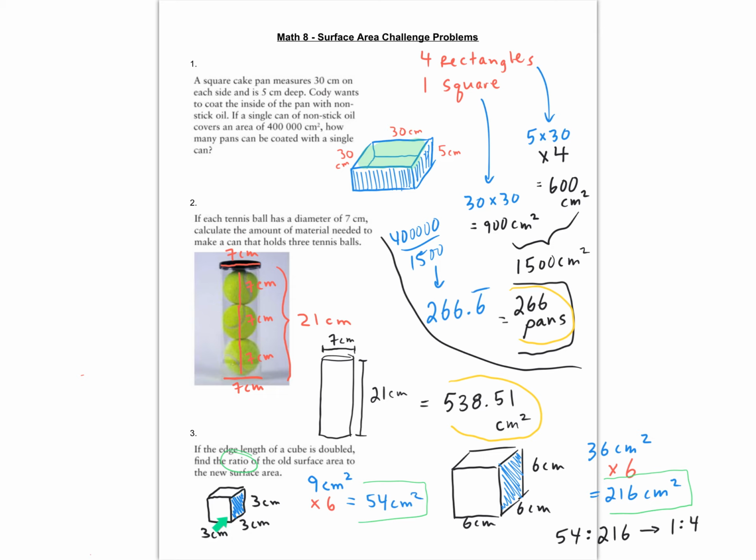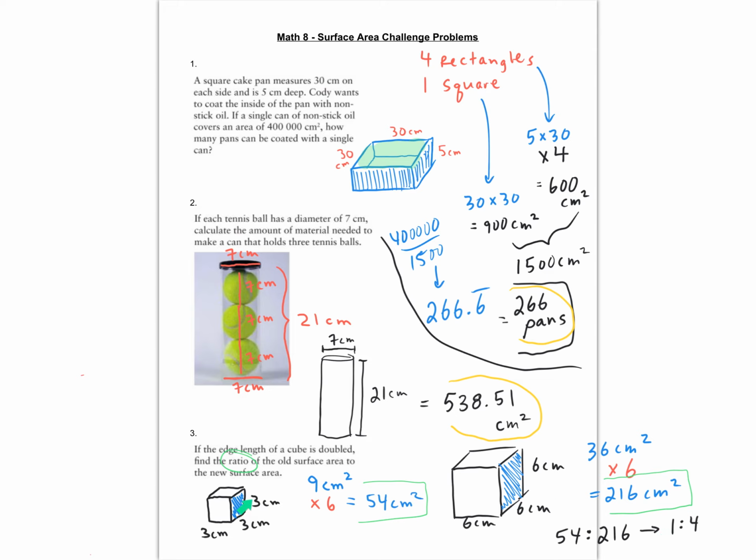So you would think that the surface area would just double. If I double the side length, 3 to 6, well then it just must be twice that, 108. But we can see clearly here that because we're dealing with area and we're multiplying numbers by themselves, we're not simply multiplying everything by 2, the new surface area is actually 4 times as big as the original one.